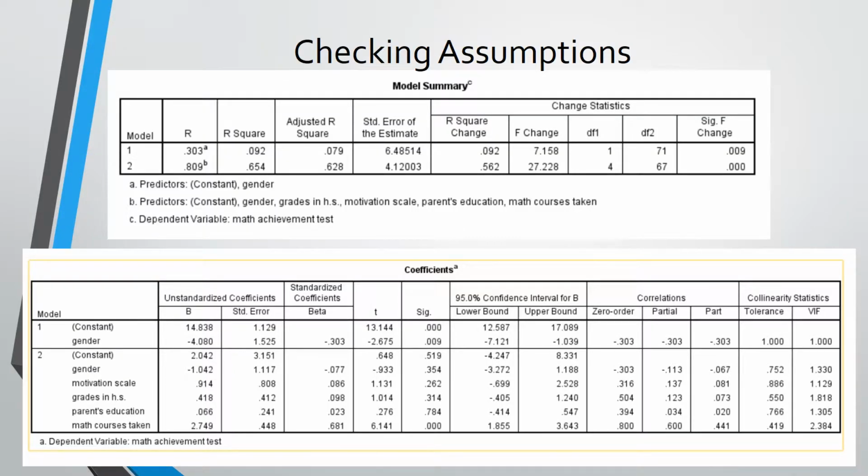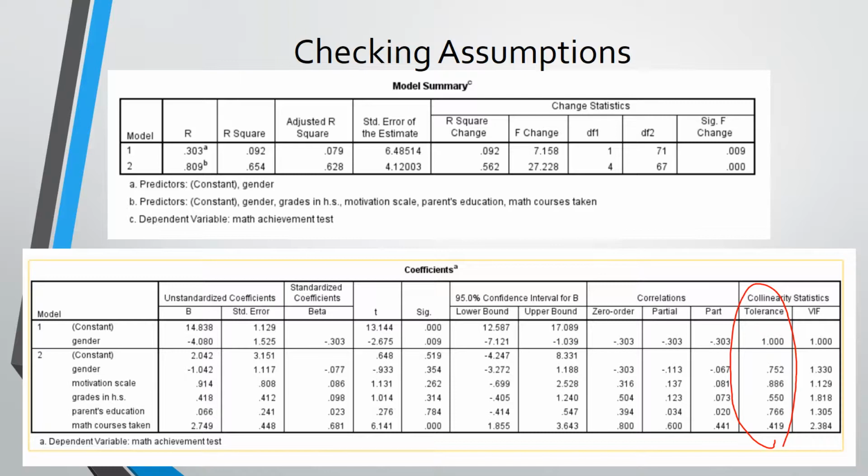The first thing that we're going to do with our regression analysis data is to check the rest of our assumptions, and to make sure that it meets the conditions for multiple regression. To check for multicollinearity, we are going to look at both the coefficients table and the model summary table, which I've provided for you right here. Our tolerance in the coefficients table, which will be this column right here, should be greater than 1 minus r squared.